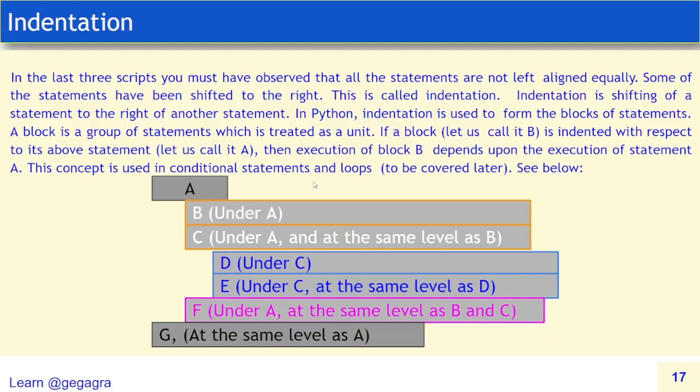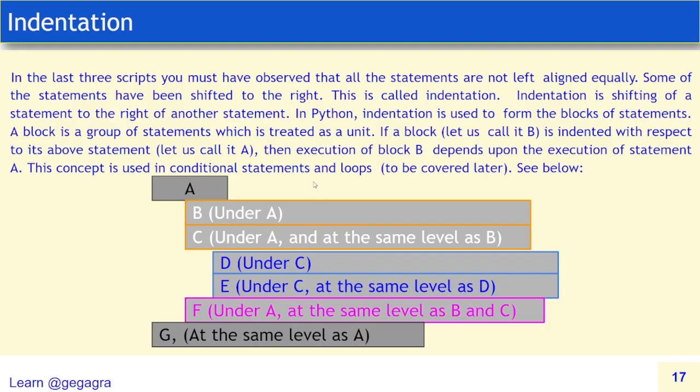Similarly, B and C, which are under A, will be executed one after the other. And block F will be executed when the C gets over. So this is the meaning of indentation, and this way we can group the blocks.